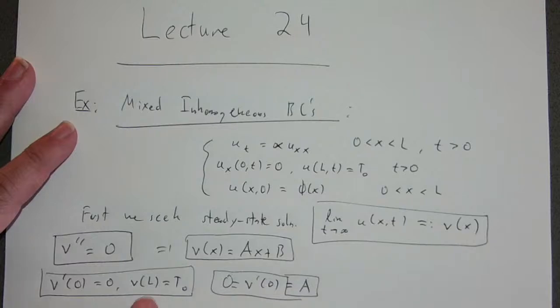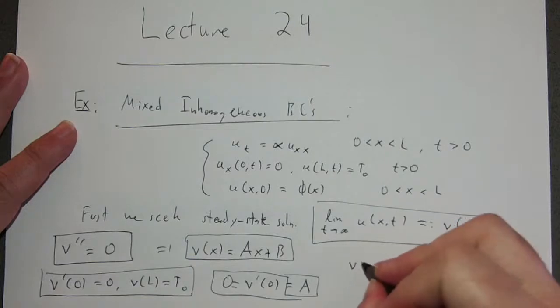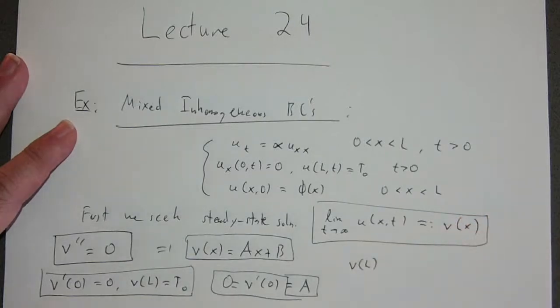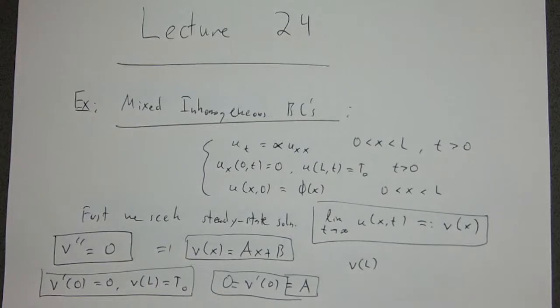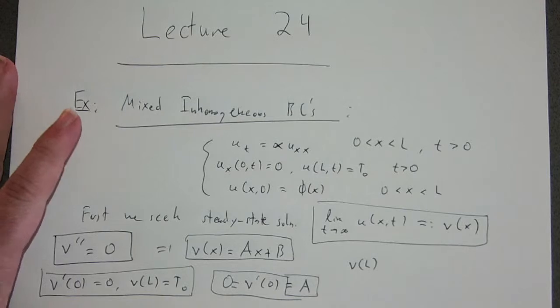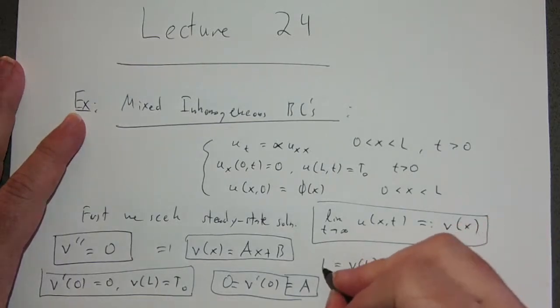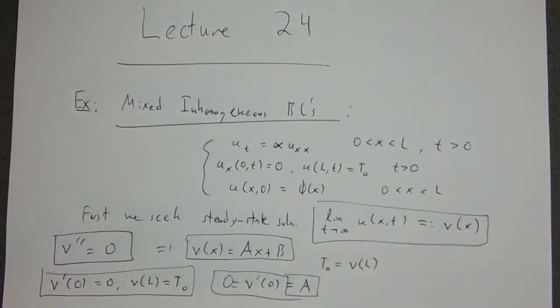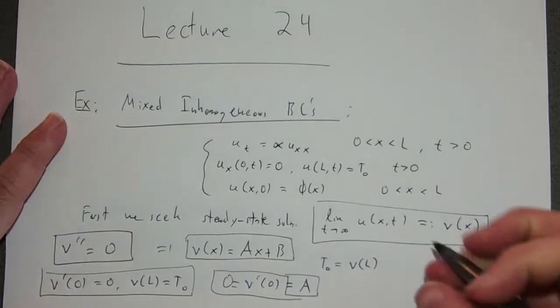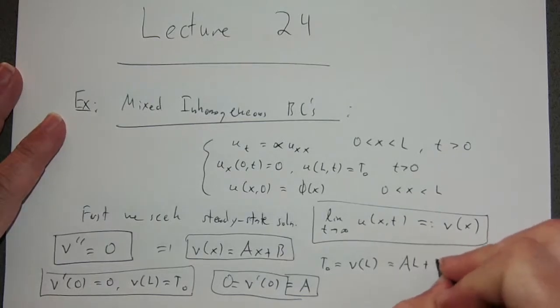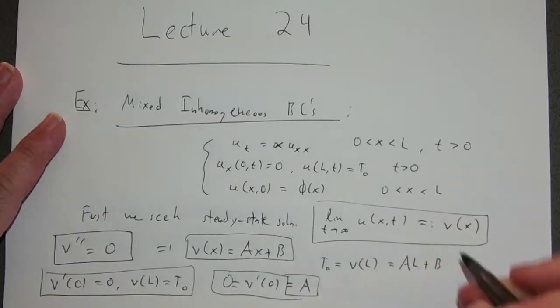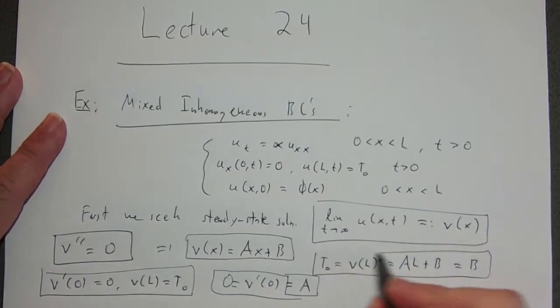And v of L has to be T naught. Well, v of L would be AL plus B, but A is 0, so this is just B, so B has to be T naught.